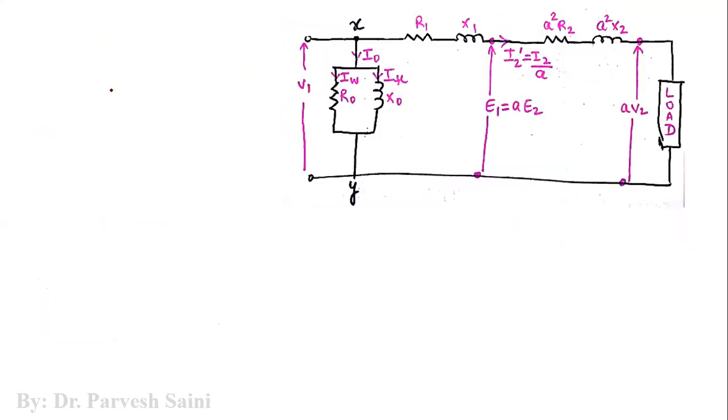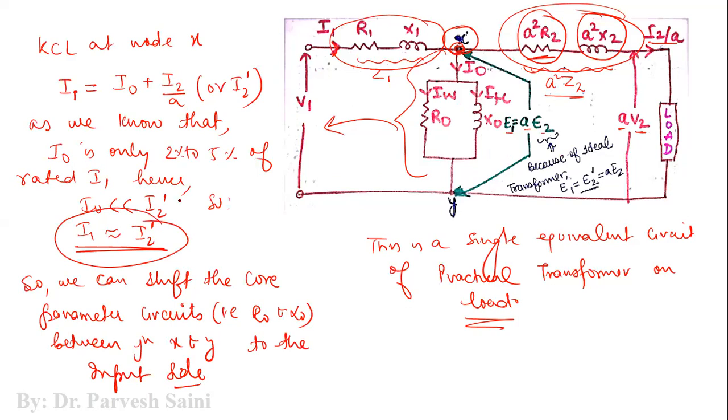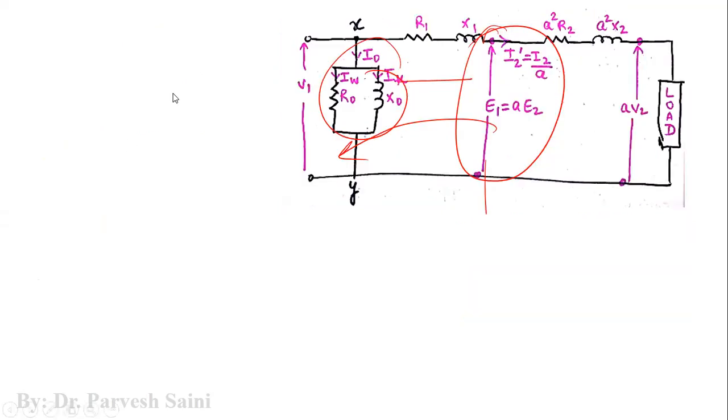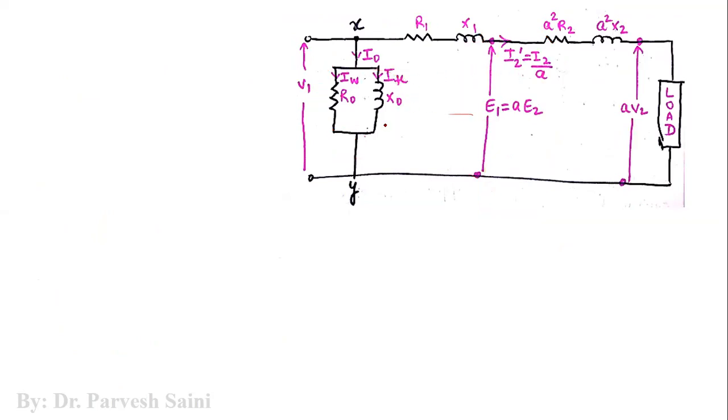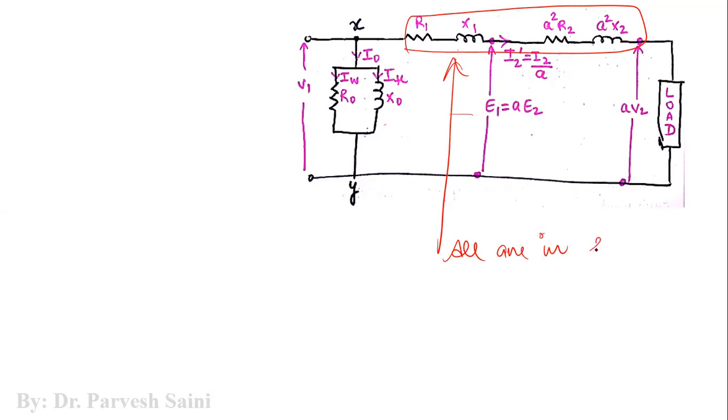So we will shift this one and we will see this is how it will look like. So what we have done earlier, this circuit was at this particular point, so we have shifted it towards this side because of the fact that I1 is almost equal to I2 dash, right? Now we have these parameters in series. Now what we can do, we can add R1 plus A square R2.